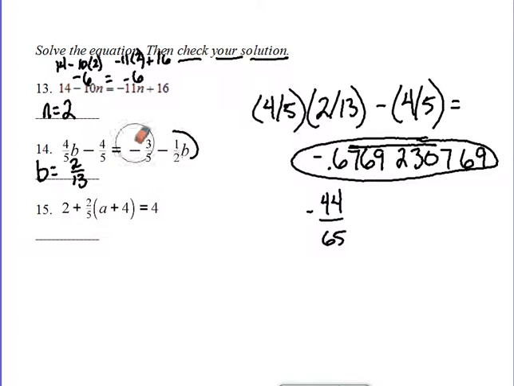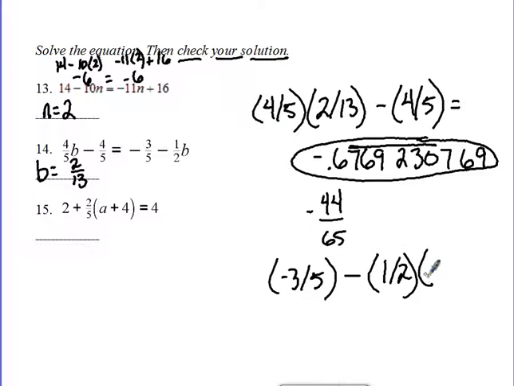So now we're going to put in our calculator negative 3 divided by 5 minus 1 divided by 2 times 2 divided by 13.